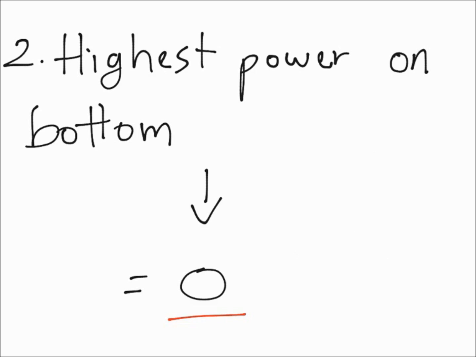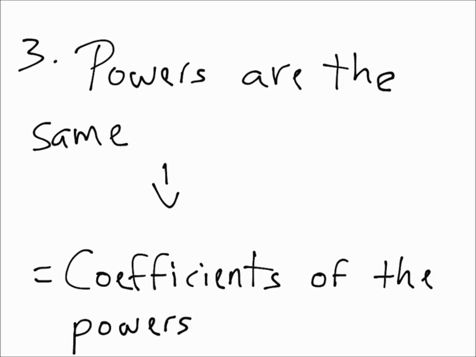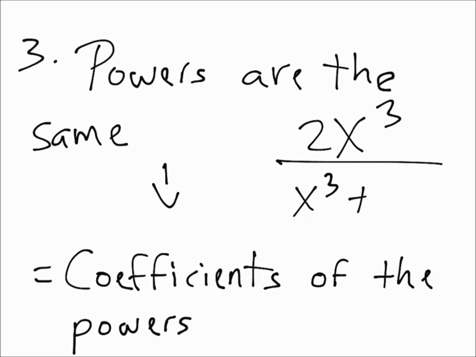And finally, there's one more case, and that's when both powers are the same. The result of that will be the ratio of the coefficients of the powers. So if we have, I'm going to use x cubed again, let's say 2x cubed on top, and x cubed plus x squared on the bottom, our coefficients are 2 here, and here it's just 1.